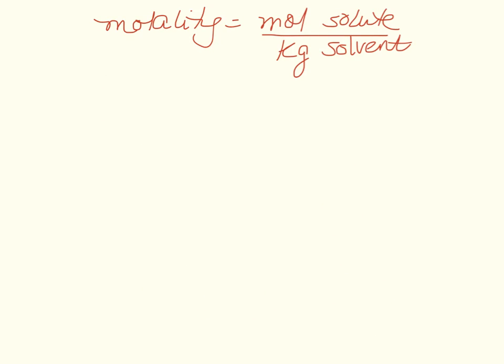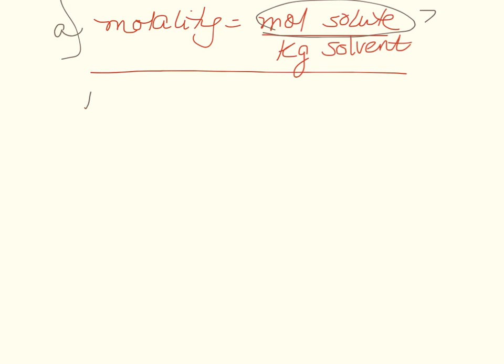So just as I said for problem number 1, write out the formula and see what you can plug in from the information given. So we're going to do part A, which is molality first. And let's see, what did they tell us? Do we know the moles of solute? Well, the solute is ethanol, and we know the grams.